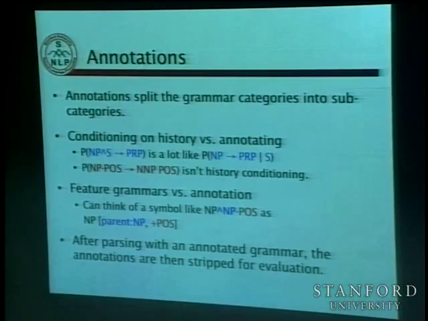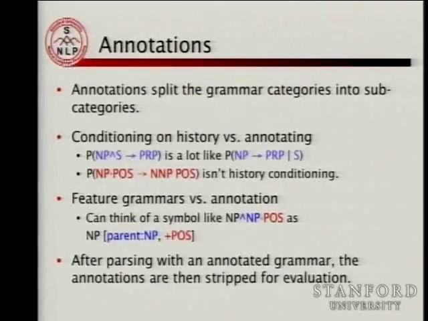Okay, so basically that's the entire strategy. We take these categories and we split them into subcategories that preserve more information. And I'm just going to write them as strings like this, NP under an NP, that's possessive. So they are literally non-terminal names that are kind of big and semantically interpretable in our heads.